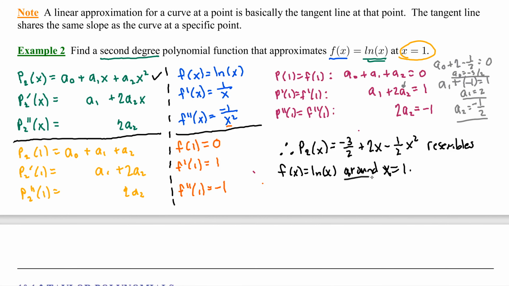Observe I'm using very general language here just to get an overview. We could be more specific, but we're not going to at this point. So notice our second degree polynomial function is a parabola which opens down, which resembles our natural log function.